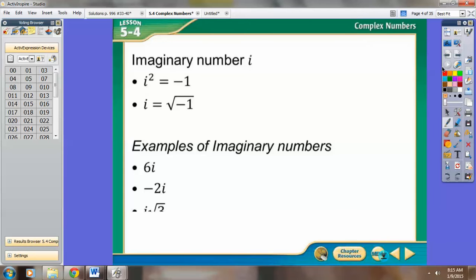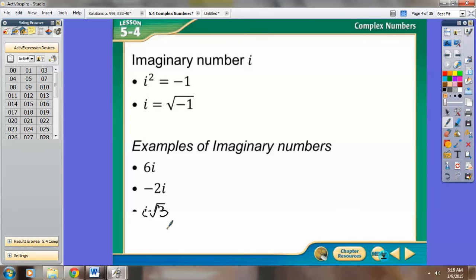Anytime you have something like 6i or negative 2i, or it says i square root of 3 down here, we know we're dealing with an imaginary number, also known as a complex number. If it has an i, it's imaginary.